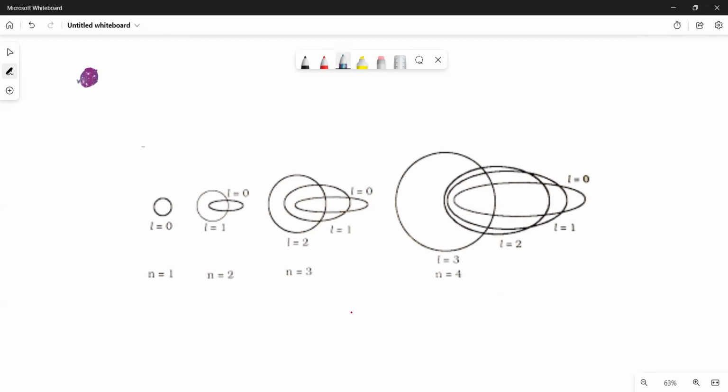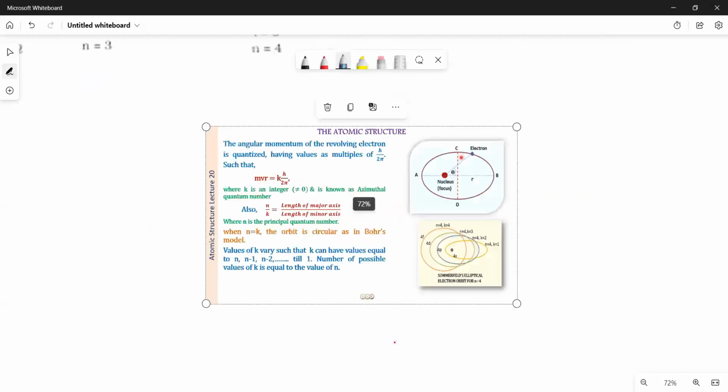Instead, he told that this path is elliptical.